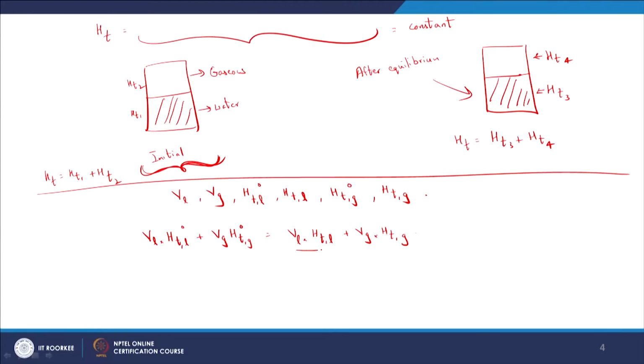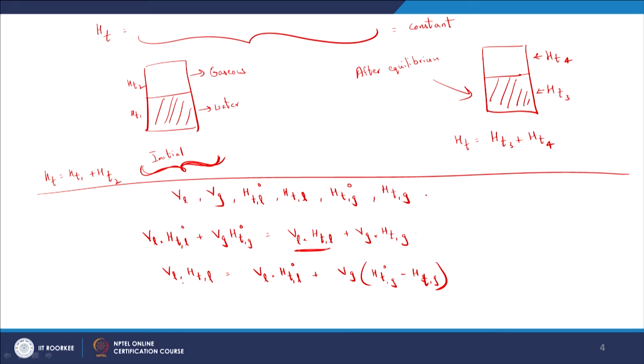Let us go ahead. I am more or less interested in H total here. So, I am going to have that term here: VL into H total in the aqueous phase at equilibrium is going to be equal to VL into H total in the aqueous phase initially, plus the volume of the gas into H total in the gaseous phase initially minus H total in the gaseous phase at equilibrium.